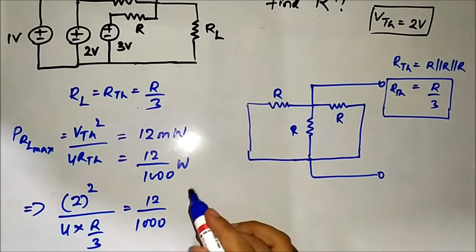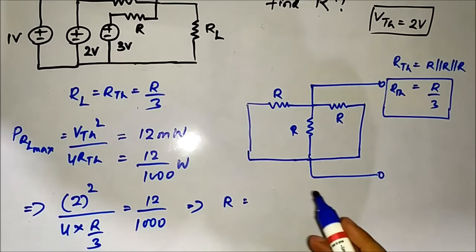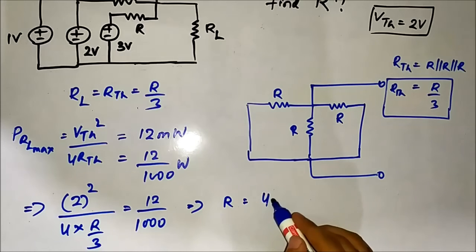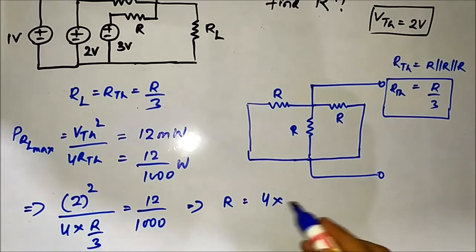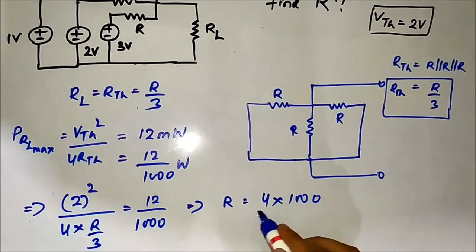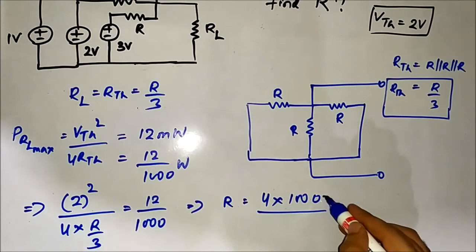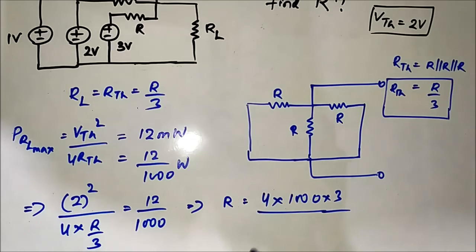That implies R is equal to (4 into 1000 by 3, because this 3 goes to the numerator) divided by 4 into 12.